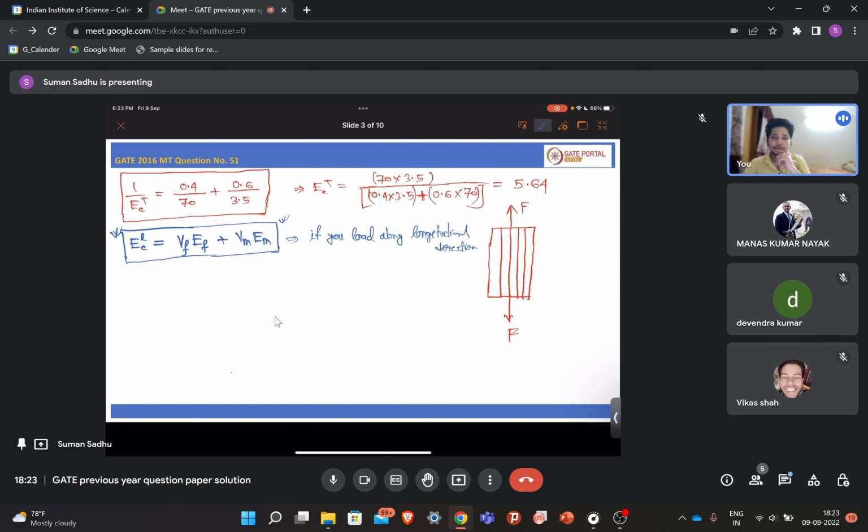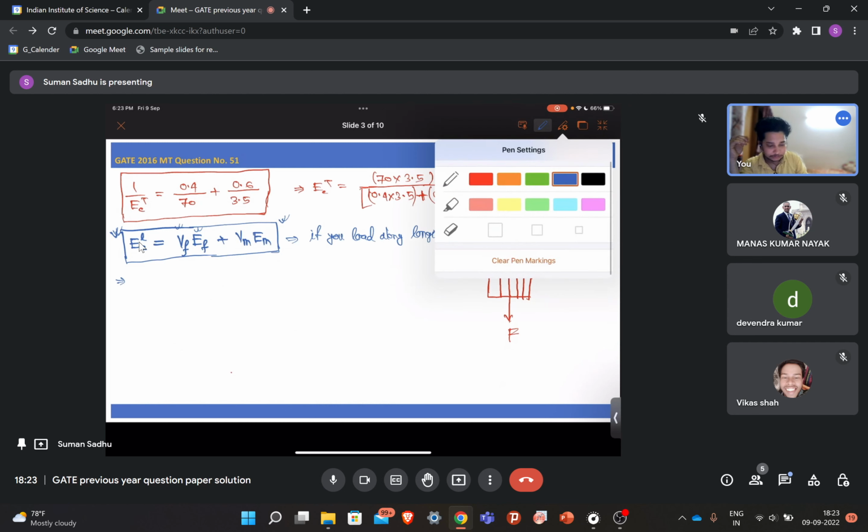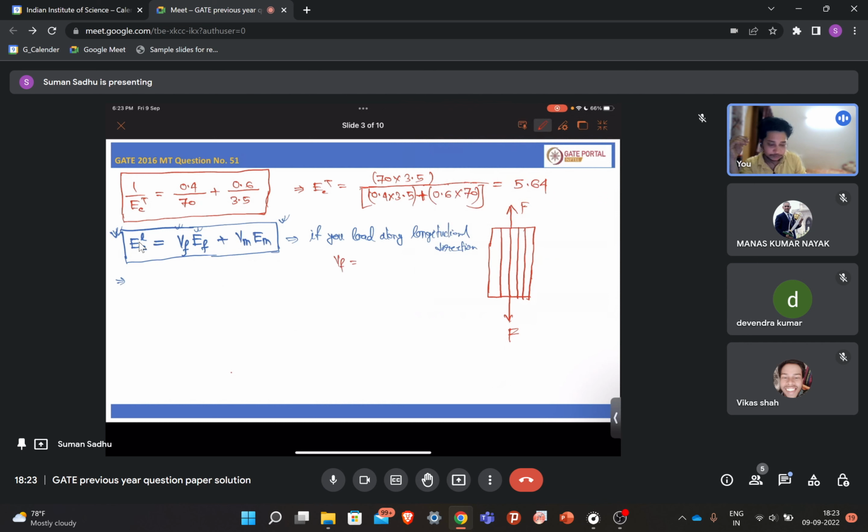First calculate the elastic modulus in the longitudinal direction using this formula, then let me know the answer. All the values are given, right? VF you know, EF you know, VM you know, and EM you know. I'm writing it once again here. VF, the volume fraction of the fiber, is 0.4. VM is 0.6, that is 1 minus 0.4.